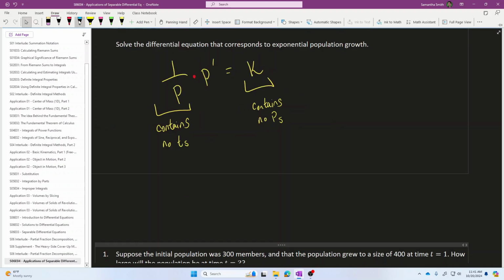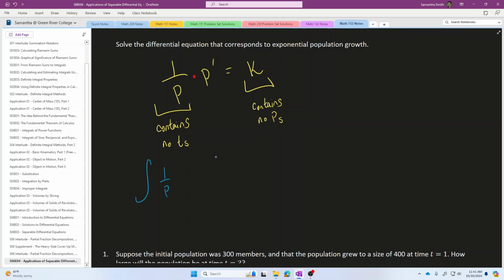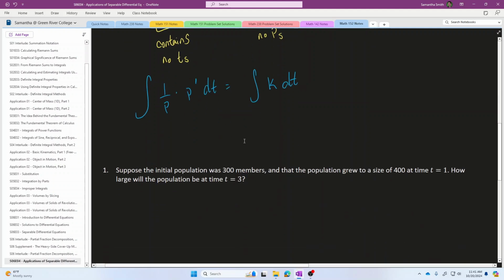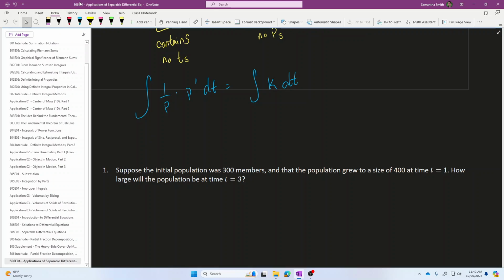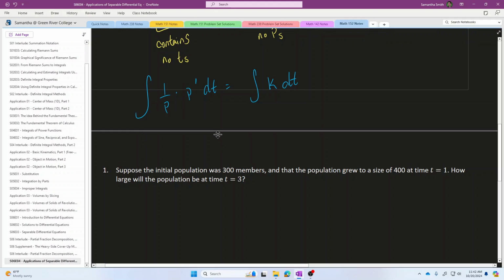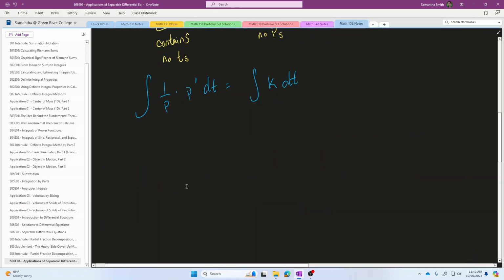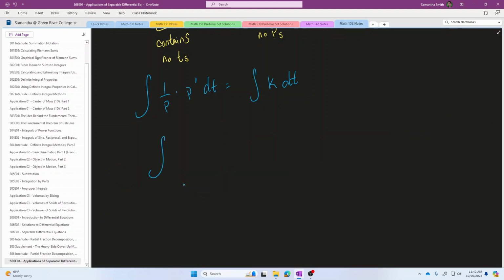I can integrate both sides with respect to my input variable. And I can convert that integral on the left side to an integral that is in terms of p instead, turning p prime dt into just dp.